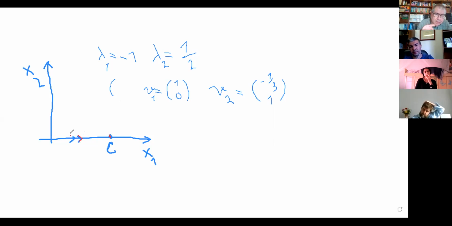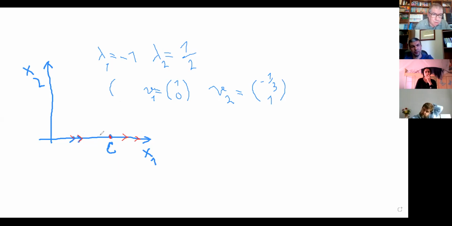Your origin is point C, the original point. From the origin you count 1 along the x1 dimension, and then you count 0.